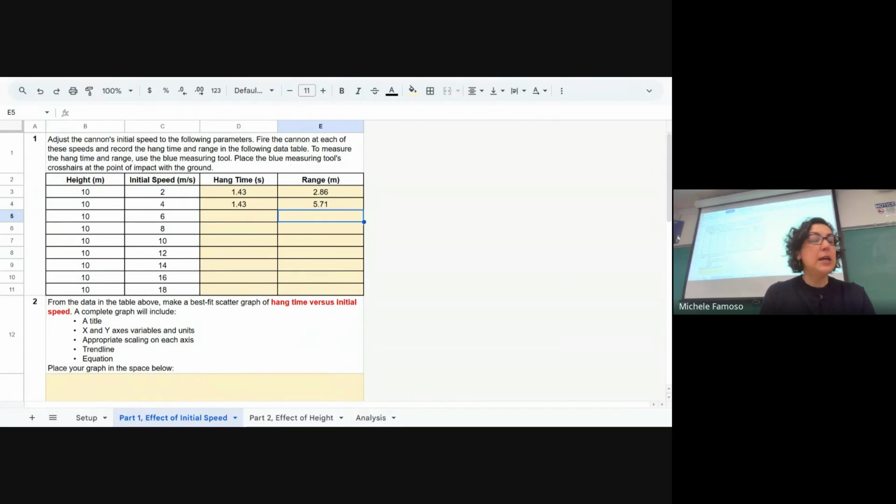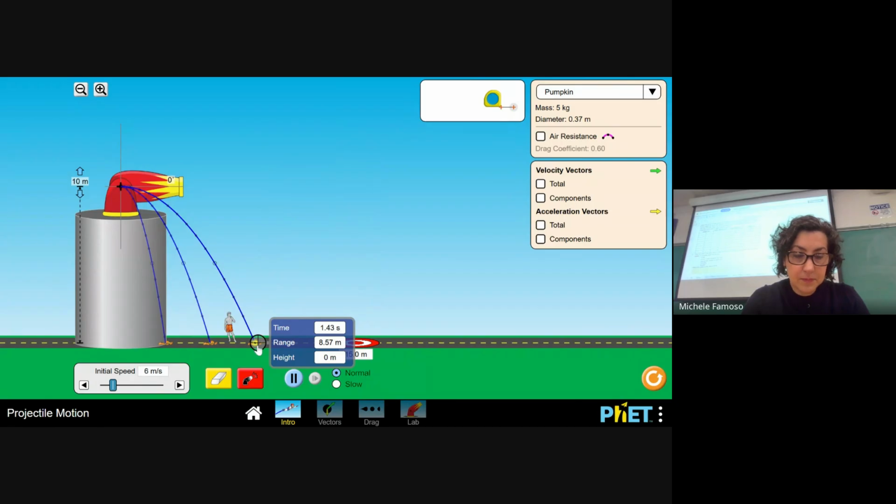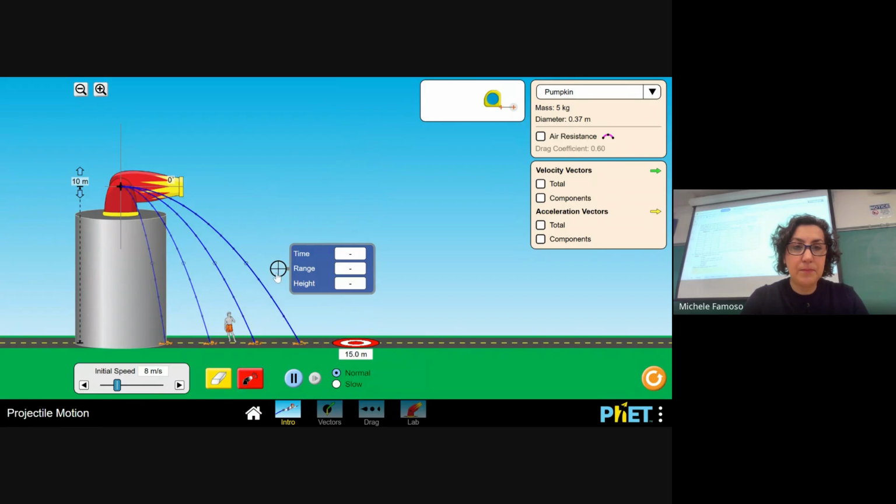Yes? Okay. Take a minute and get the rest of those now on your own for this table. Notice we're just increasing the speed by 2 meters per second each time.